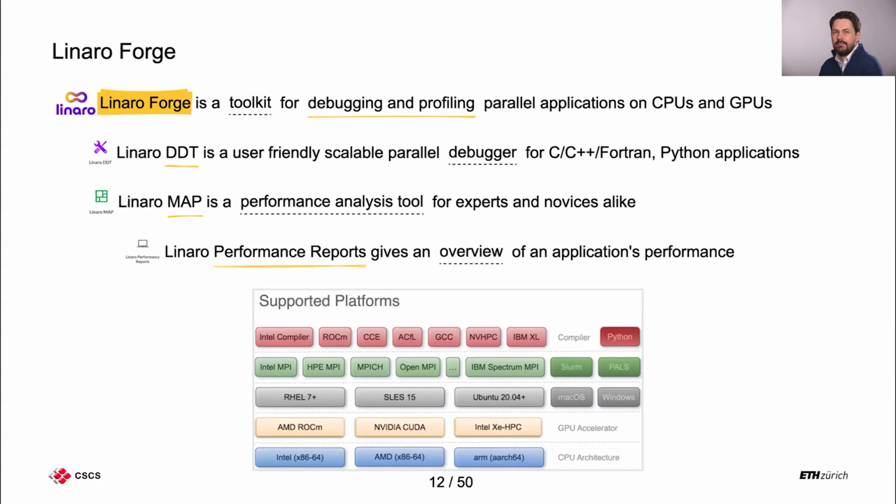And actually, performance report is a light version of MAP in case you want to have a very quick way to get an overview of the performance of your application. Linaro is doing a good job at supporting a lot of different platforms. So it supports Intel, AMD, and NVIDIA GPUs, and a bunch of other stuff.